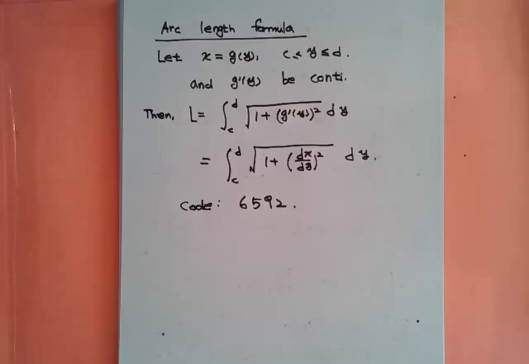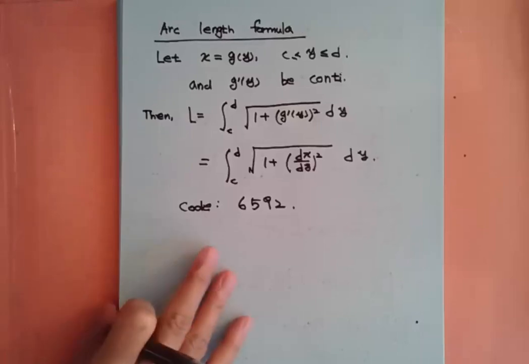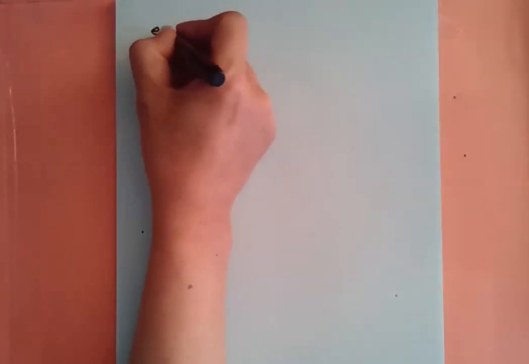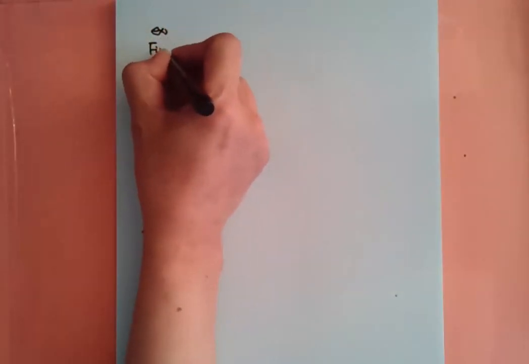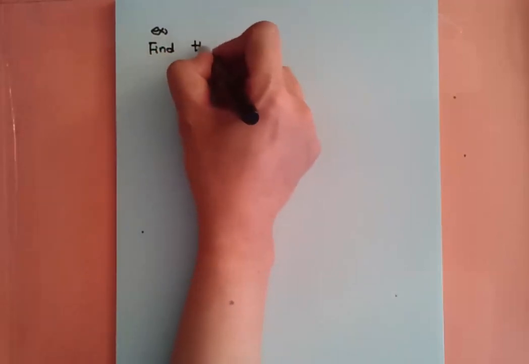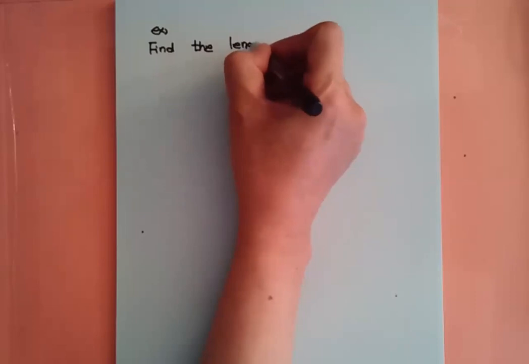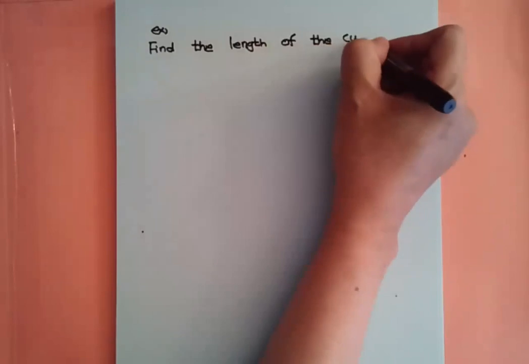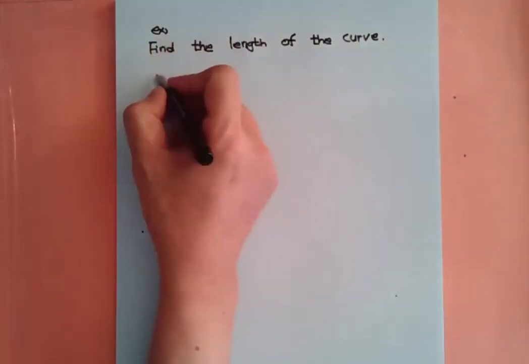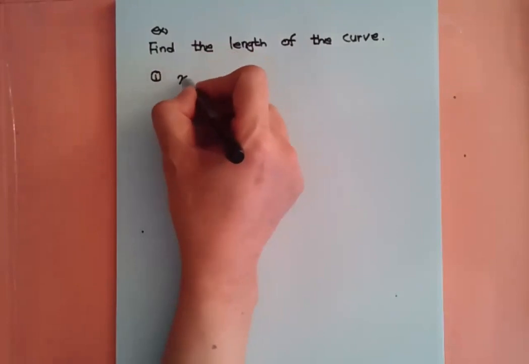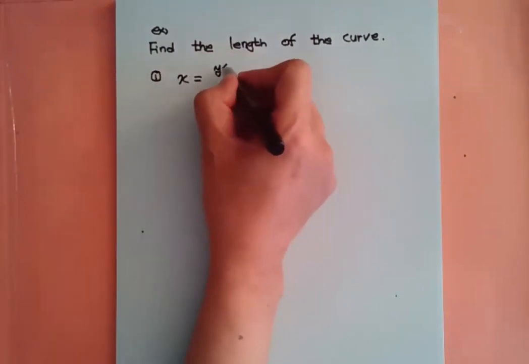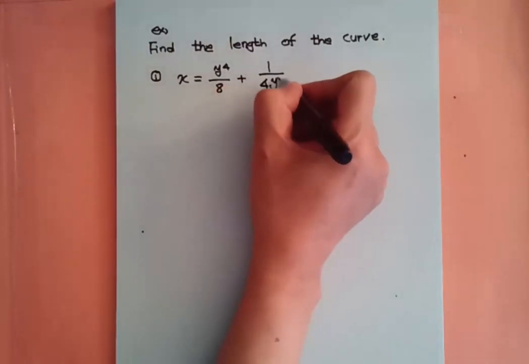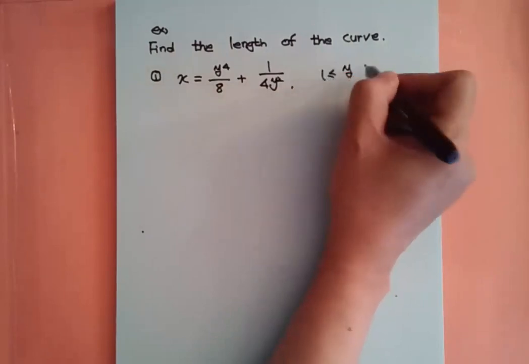And so we will do an extremely similar problem with a different variable. The problem is find the length of the curve. So x equals y to the fourth power over 8 plus 1 over 4 y squared, y is from 1 to 2.